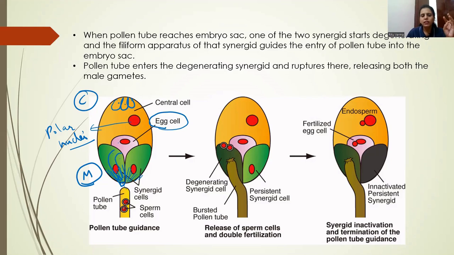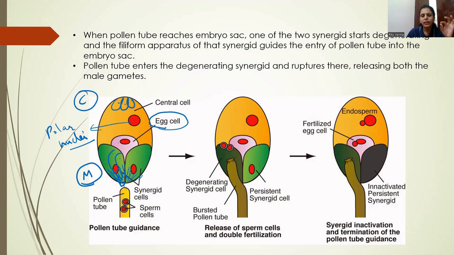So the moment this pollen tube reaches the female gametophyte, one synergid degenerates, and its filiform apparatus guides the pollen tube to enter. During this process, the nucleus of the tube cell degenerates, and only the two male gametes will now enter inside the female gametophyte.